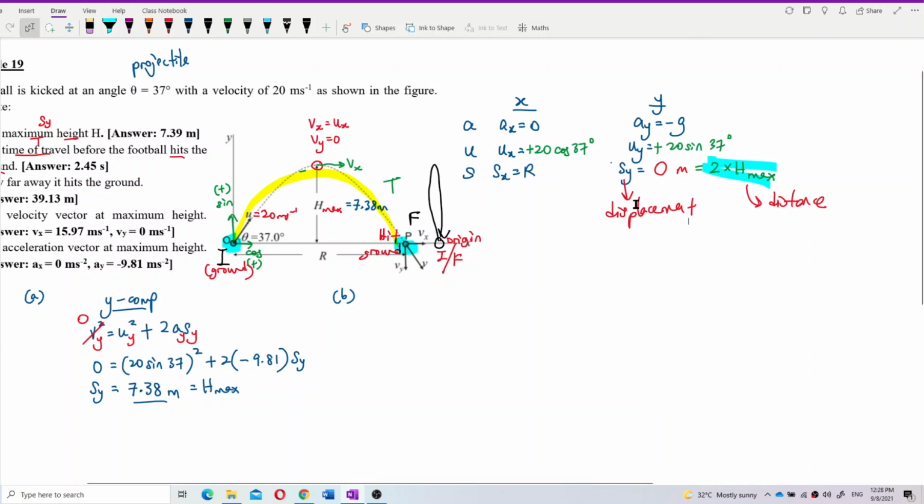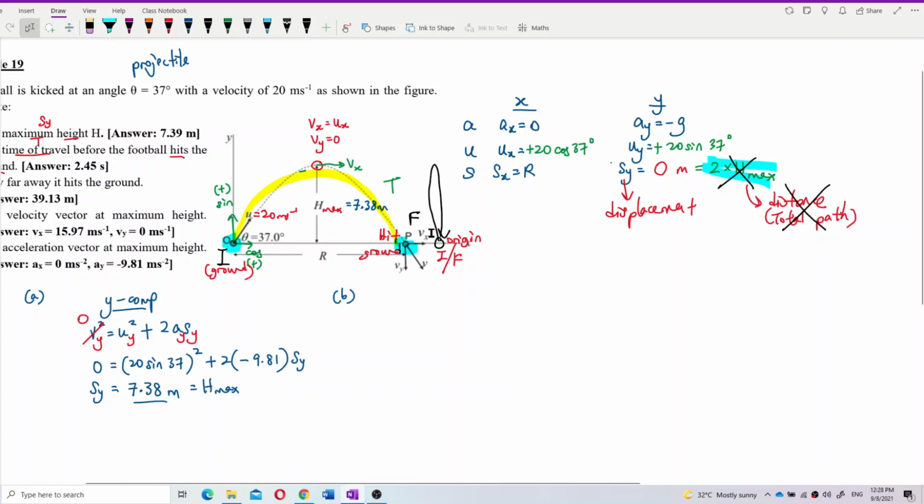Displacement is the shortest distance between initial and final point. It's not the total path taken. If you use 2h maximum, the goes up and goes down, that is the total path taken, but that is not our sy. So this is wrong. If you put 2 height maximum, it's wrong.